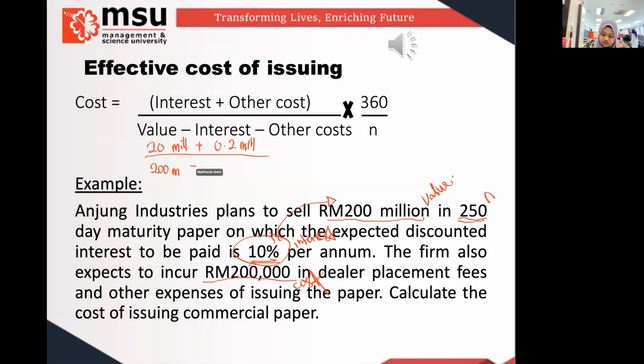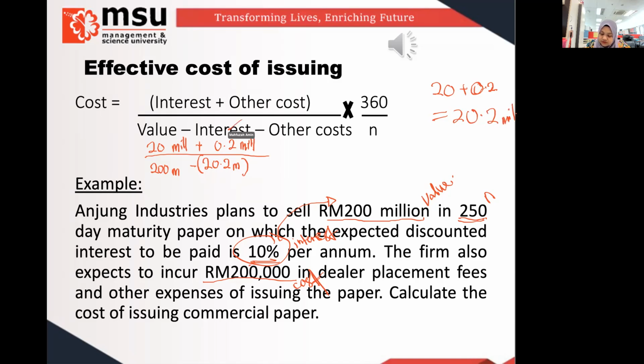You get it? Why is it 20.2? It's because of 20 plus 0.2, so it's equal to 20.2 million.